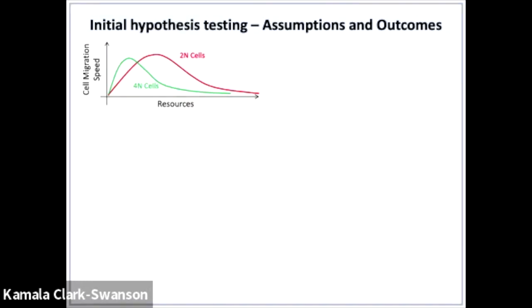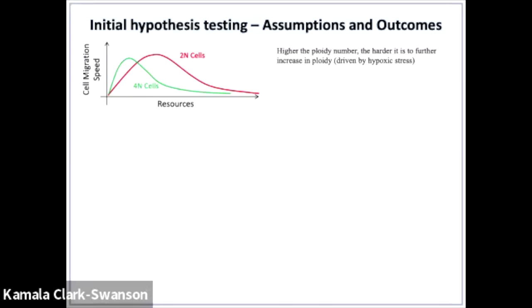If you're at very low resources, you don't have the resources to migrate, so you're not going to migrate. And you have an intermediate value of resources where it's enough for you to migrate and go to another place where you could find more resources. So you have this biphasic distribution for migration speed versus resources, but the higher the ploidy, the earlier you would feel that stress because you need more resources.